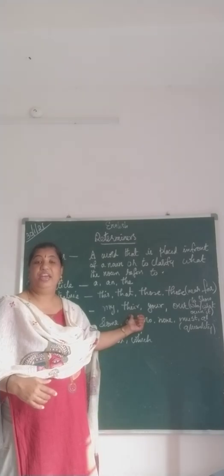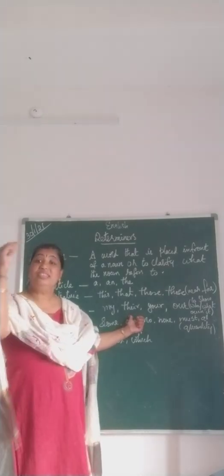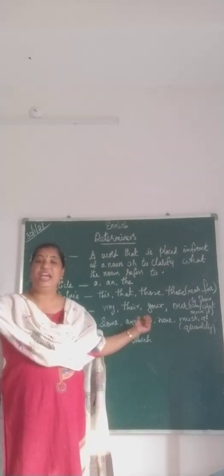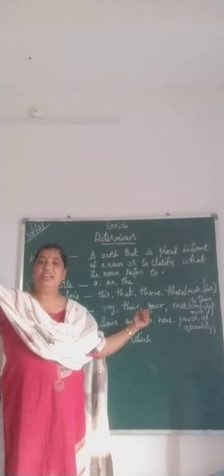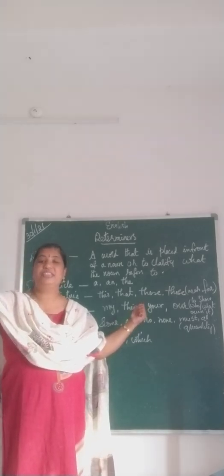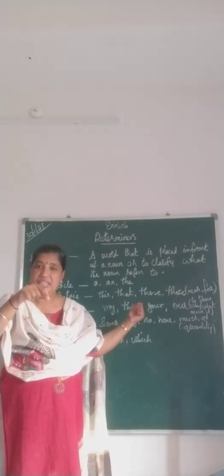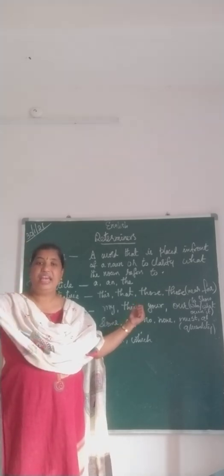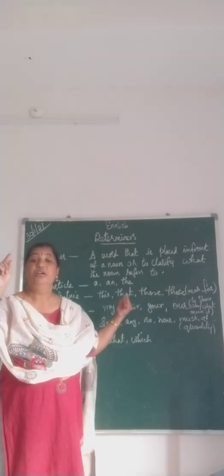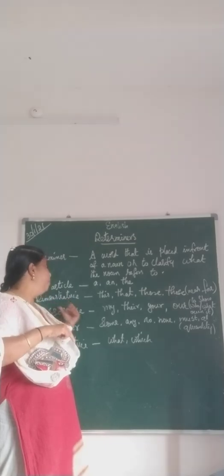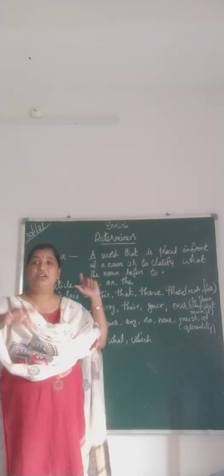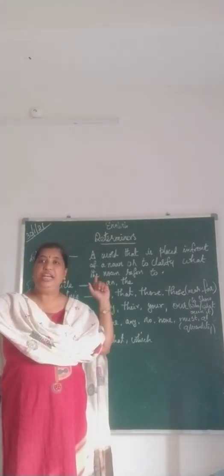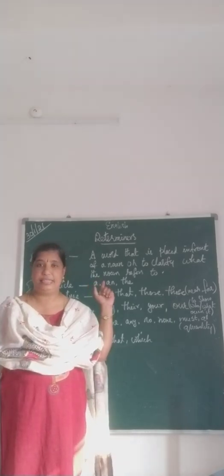Okay, their. Where do we use their? This is their car. So a group of people are standing over there and you say this is their car. Their here becomes what we call a possessive determiner, because that car belongs to them only. It is not belonging to anybody else.